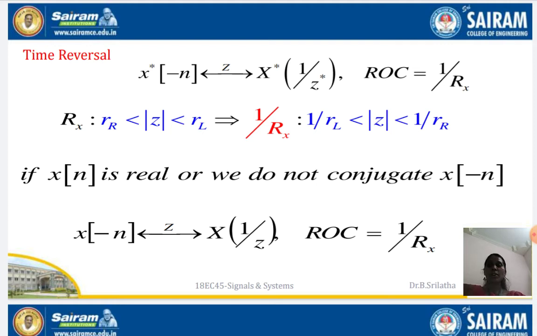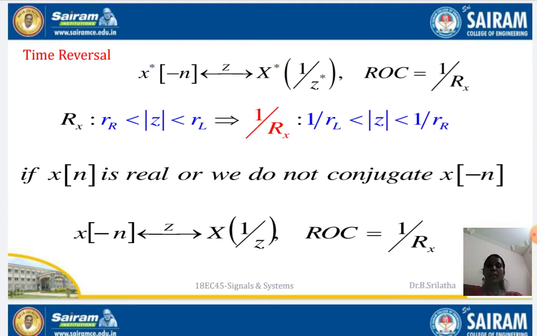Now let us consider R_X, the region of convergence, to be between R_minus and R_plus. Then the region of convergence of the time reversed signal is between 1 by R_plus and 1 by R_minus.